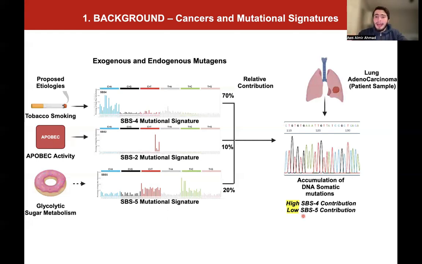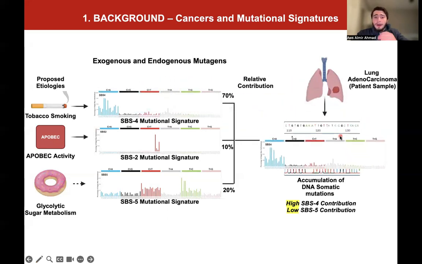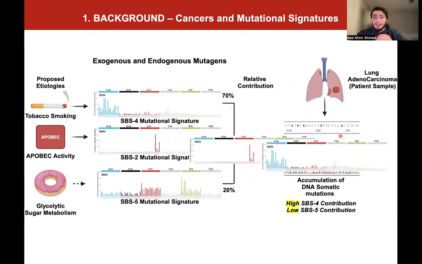It is also important to note that if we were to admit a patient of lung adenocarcinoma and take a sample of the cancer and start analyzing the pattern of mutations, this patient might be exposed to a number of different mutagens, and therefore the pattern of mutations that we observe could be attributed to a number of different mutational signatures.